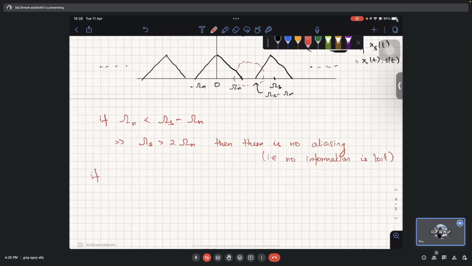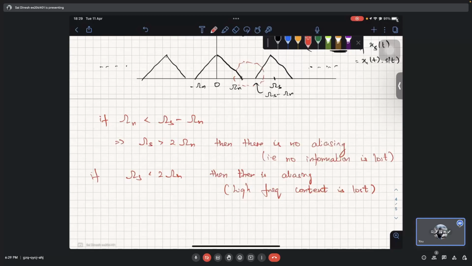But if omega s is less than 2 omega n, then there is aliasing, that is, high frequency content is lost.